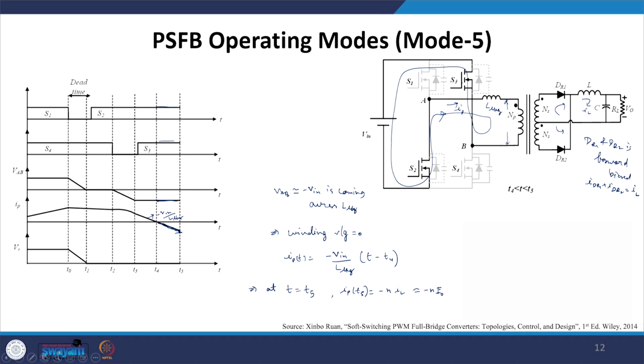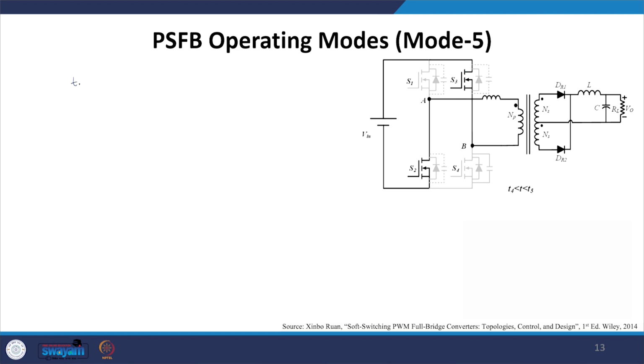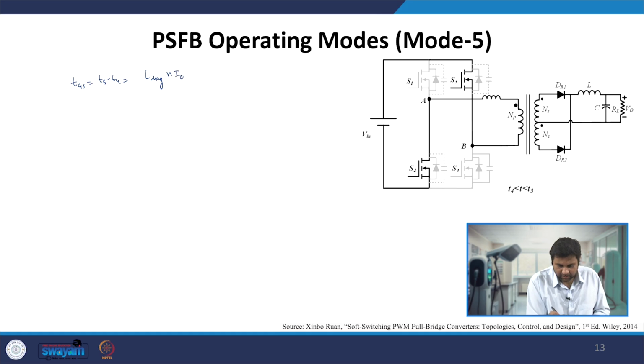Now during that time, since this IL current is now equal to negative of IP current, my DR1 at t equal to T5 ceases to conduct and goes reverse bias. So during this time we can write T5 minus T4 is nothing but L leakage times I0 by V in.